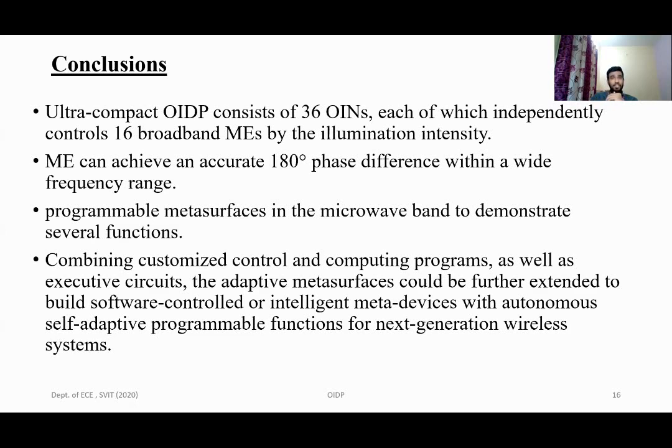Programmable metasurfaces in the microwave band demonstrate several functions, combining customized control and computing programs, as well as executive circuits and other software. These self-adaptive programmable functions can be used for next generation wireless systems.